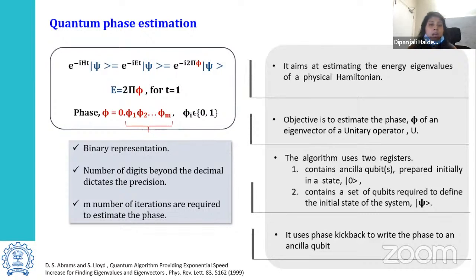We want to estimate the phase to a desired degree of precision. This degree of precision is pre-decided, and depends on the length of the binary bits that we use to expand the phase. The length of the binary bits also dictates the number of iterations required to estimate the phase.